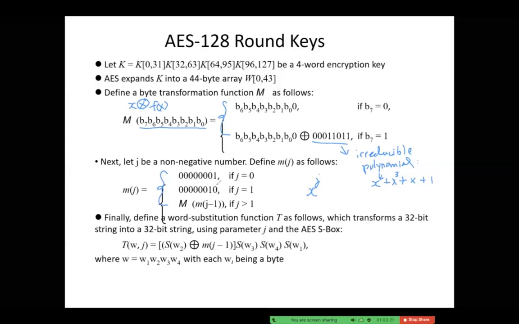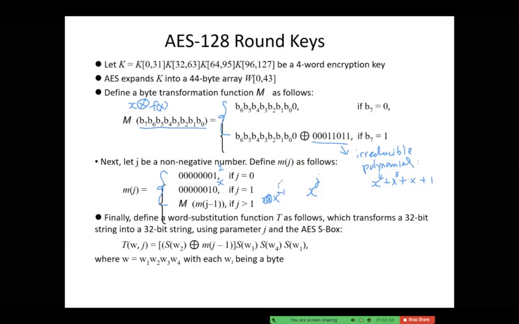Otherwise, it will be equal to x times x to the j minus 1. So that's why you use capital M. That is x times, let me use this symbol, x to the j minus 1. Okay, so that's how you get these two basic operations.